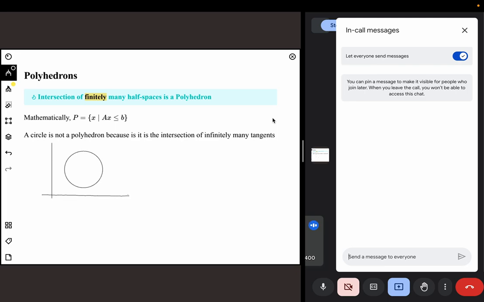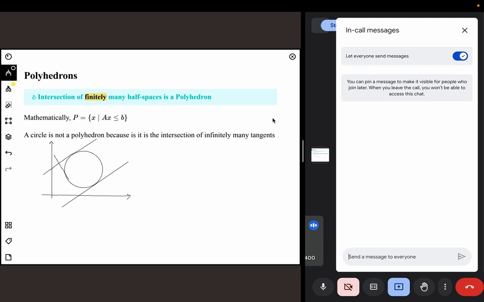One half space I can construct is something like this, one tangent, and this entire region towards this side will be part of the half space. I can construct another tangent, and the intersection of these two spaces will be the entire region.